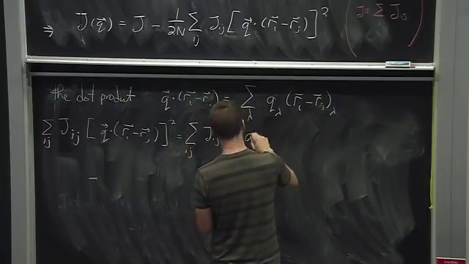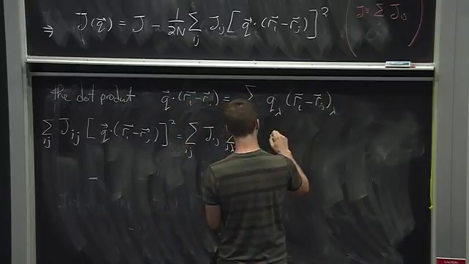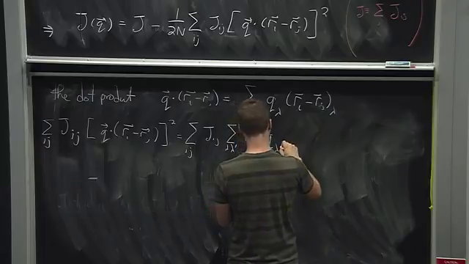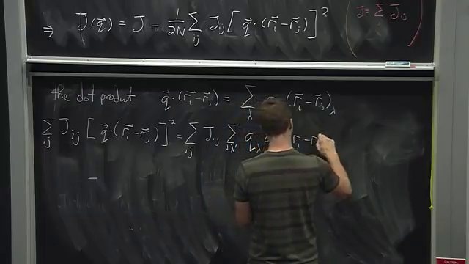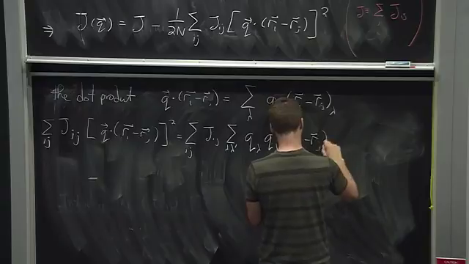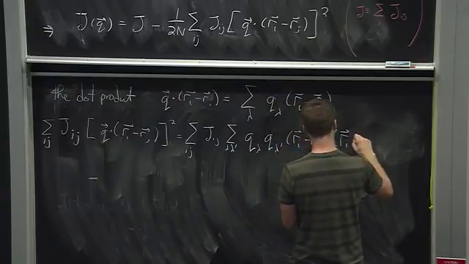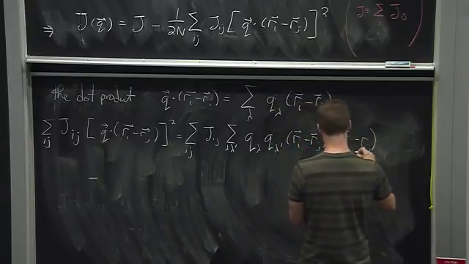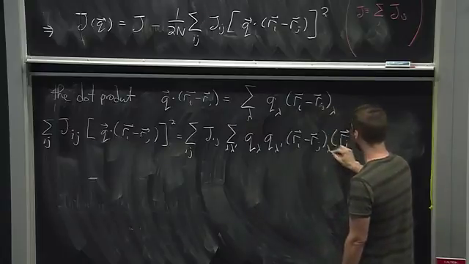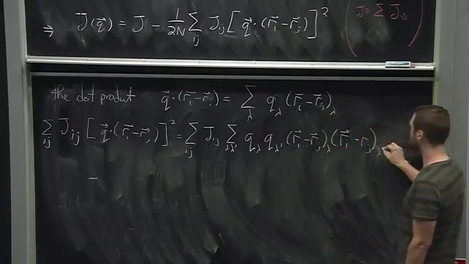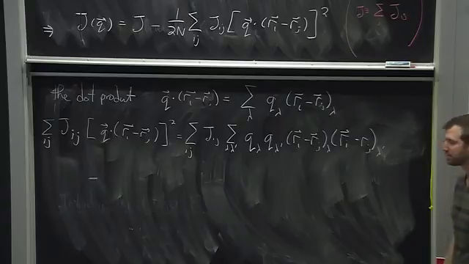So I have two terms because it's squared. Let me just be careful and keep those indices separate again. I'm labeling this with two different directions, lambda and lambda prime.